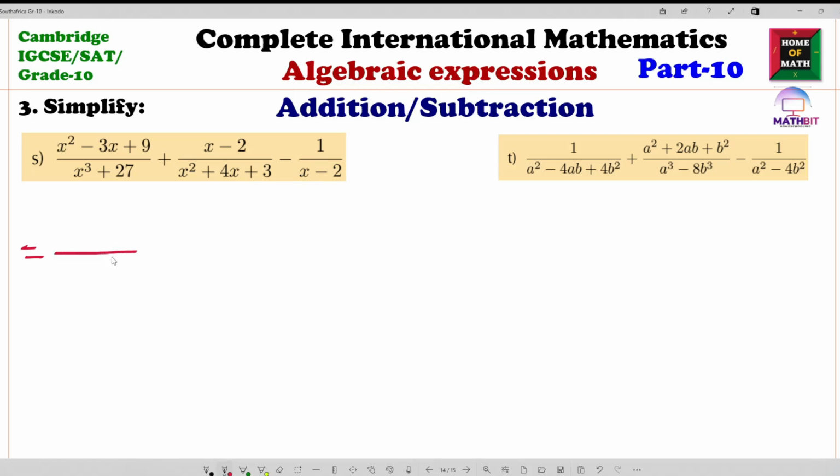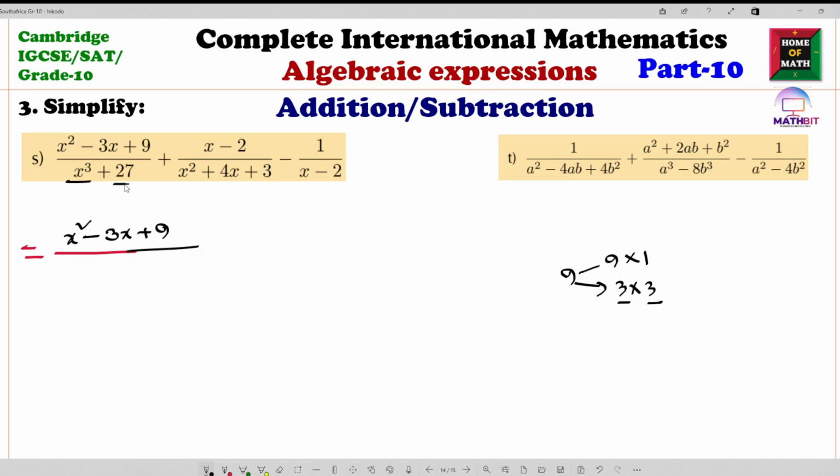In the numerator x square minus 3x plus 9, we will not factorize this one, because 9 we can factorize as 9 times 1 or 3 times 3, but 3 and 3 will not make minus 3x, so we just keep x square minus 3x plus 9.